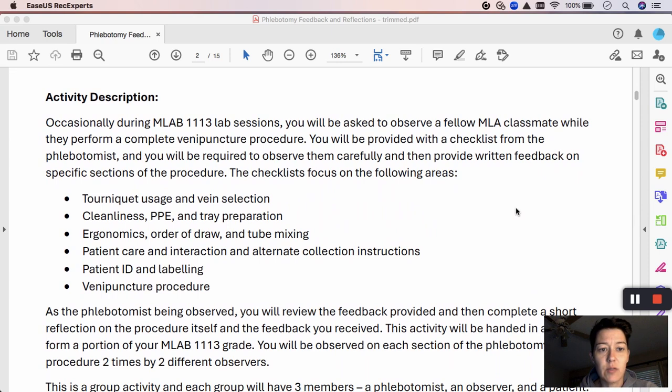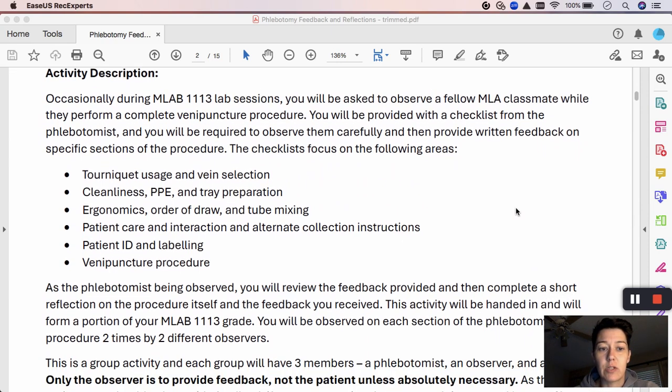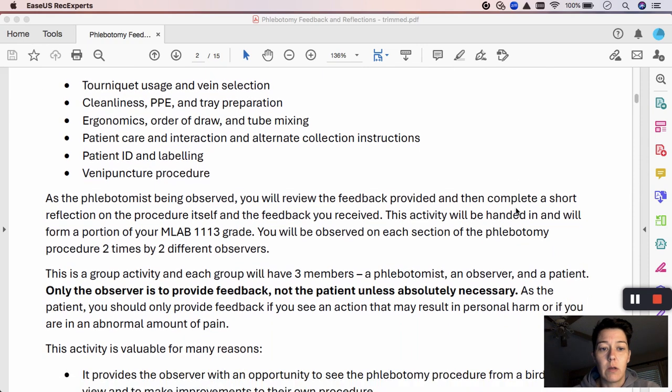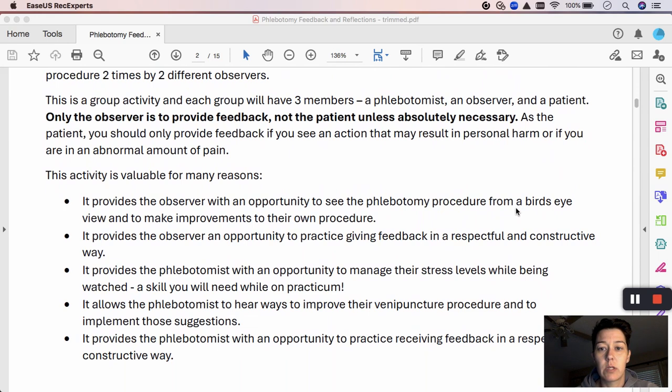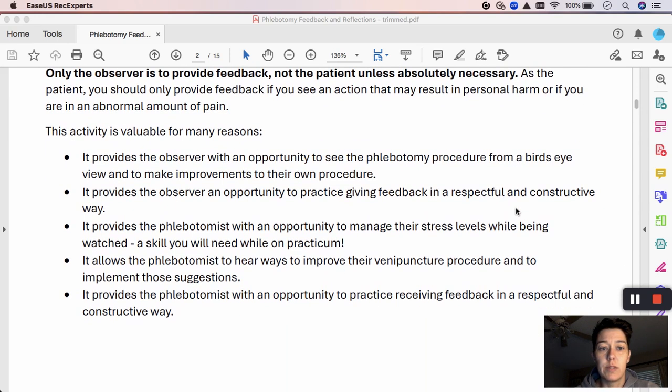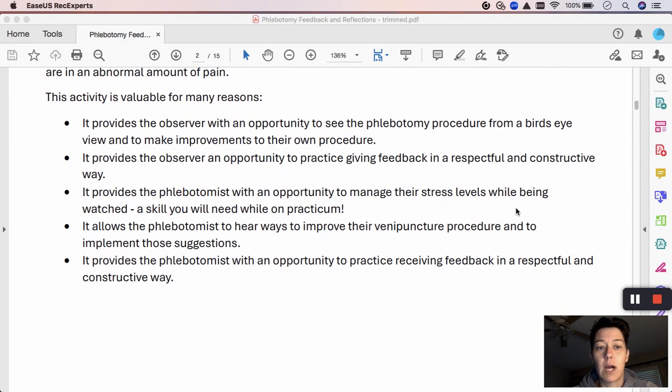So I start by describing this activity, similar to what I just told you there. It goes over the layout and some of the rules. And then I have this section about why this activity is valuable.